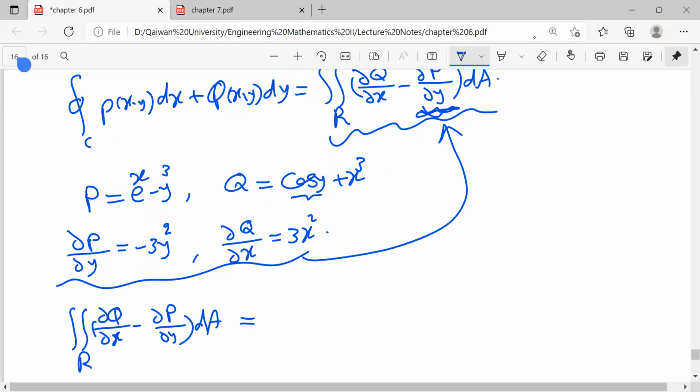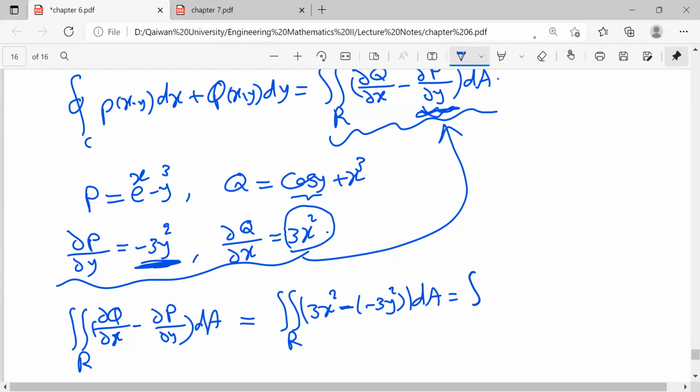Partial Q by partial x is 3x squared. You see it equals the double integral over R of 3x squared minus, and this negative sign is for the rule, partial P by partial y, which is minus 3y squared, dA.